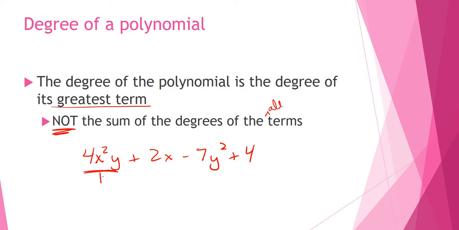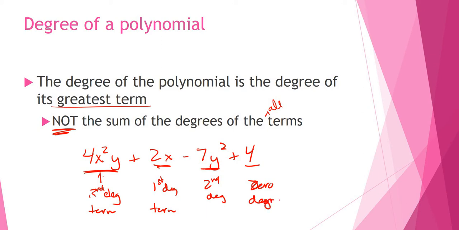So this term is a third degree term. This term is a first degree term. This term is second degree. And this last term has no variable. It's a 0 degree term.